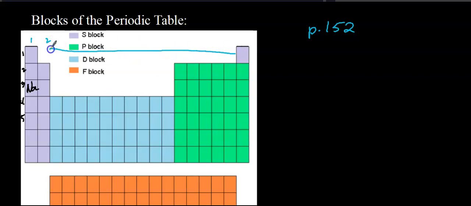Remember, this really belongs over here. So 1s2. Then we come down. 2s2. 2p6 all the way through. Back over here, down a row. Now we're in the third row. 3s. First position in the S block. 3s1. So 1s2, 2s2, 2p6, 3s1.